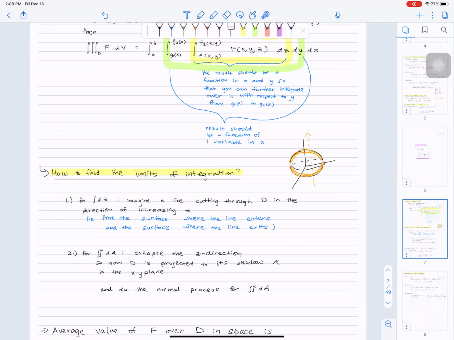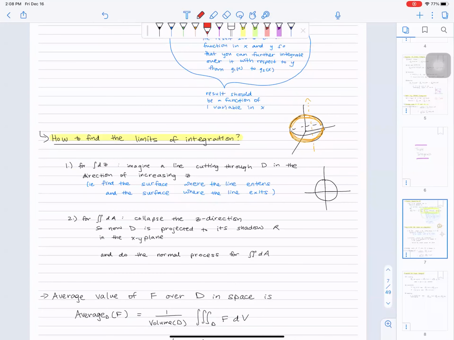Then we always collapse whichever axis I choose. Since I did z first, I will collapse the z axis. What I'm left with is a circle in the xy plane. Now I can do my normal double integration rules, where I can draw a line in the increasing y direction, for example. Then I could do dy dx.